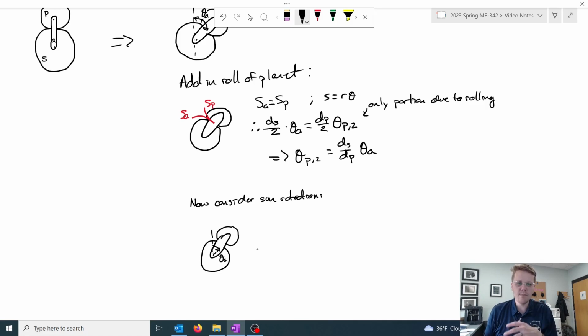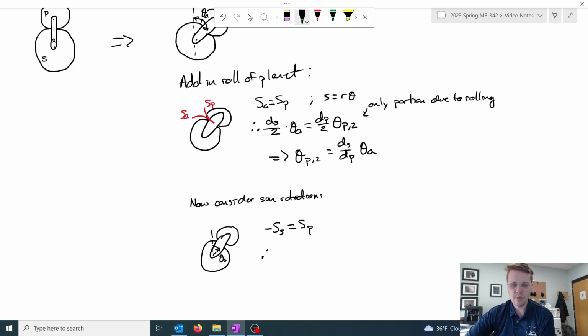So by the same notion that we had above, talking about the arc length positions, their arc measurements, s sub s, must equal s sub p. But, as I just said, if the sun rotates clockwise, then the planet has to rotate counterclockwise if the arm is held in place. So therefore, they have to be the inverse of each other, like this.